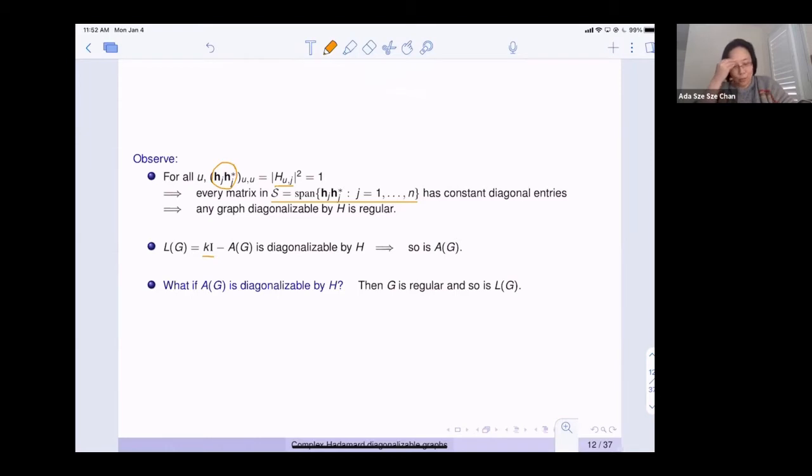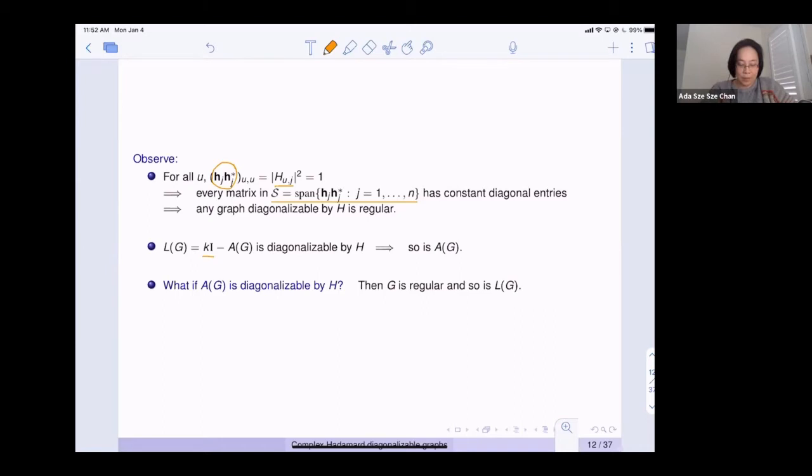So this is a question that I brought up, and Sarah and Steve came up with a clever argument. Basically, they look at the Perron eigenvector of the adjacency matrix, and they apply a triangle inequality argument to compare the spectral radius of the graph with the row sum of the adjacency matrix, and they show that these have to be equal.